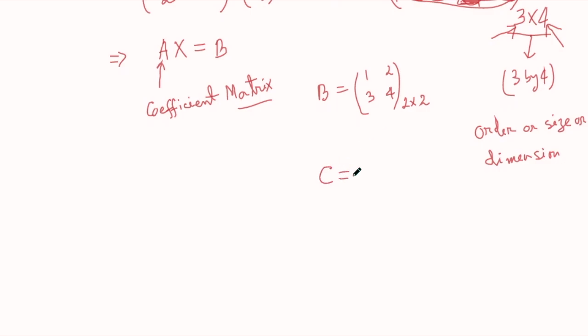And let's say another one, C, which has first row 1, 0, 5, second row 7, 8, 9, and third row 5, 4, 6. If you enclose those numbers within brackets, then it is called a matrix. The order of this matrix is 3 by 3. Therefore it is a square matrix.